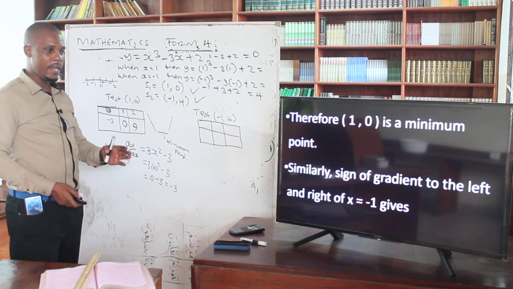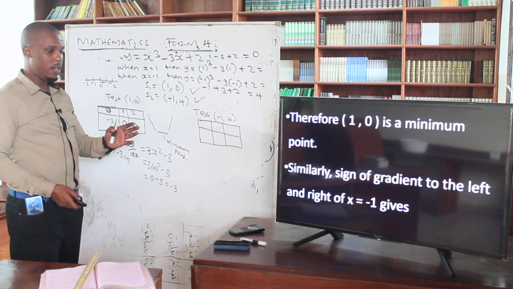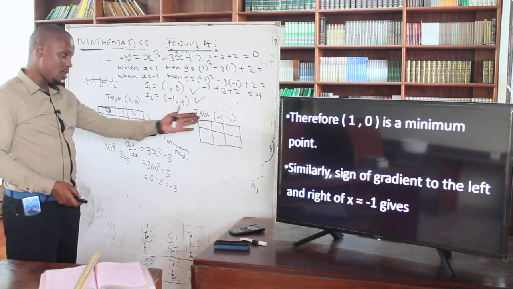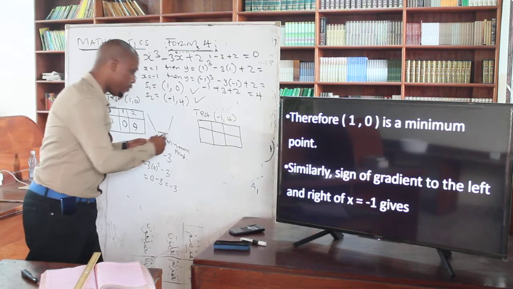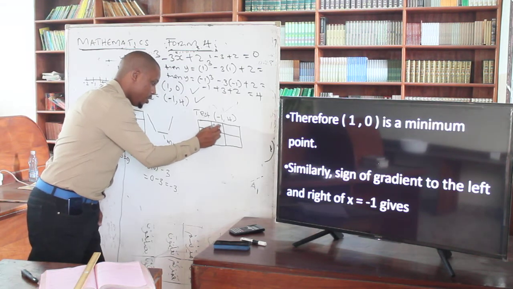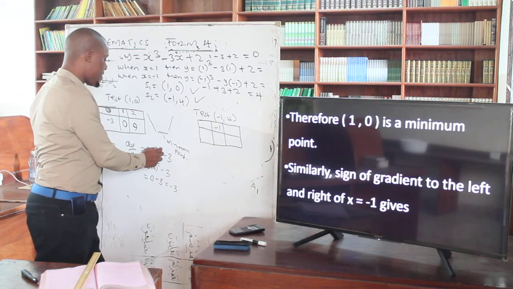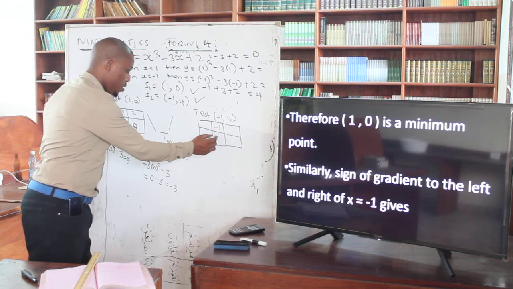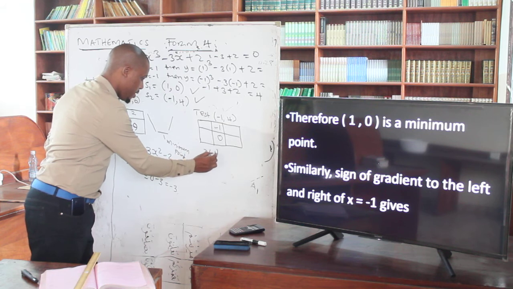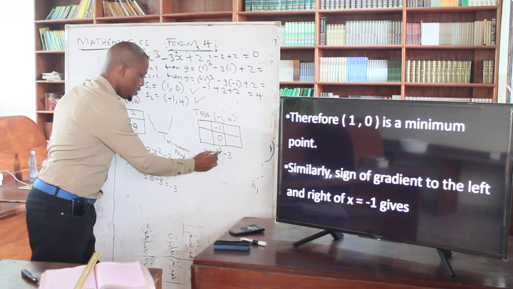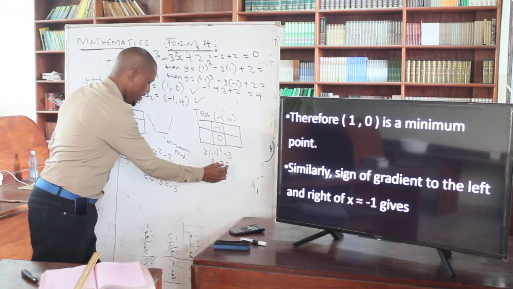Then similarly, we look at the sign of the gradient to the left and right of -1. We do the same here. We pick -1. When we substitute into the gradient equation, the answer is going to be 0, because this one is 3 times -1 squared, then minus 3, which is 3 minus 3, giving us 0.